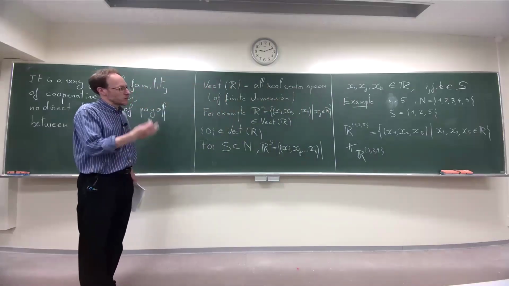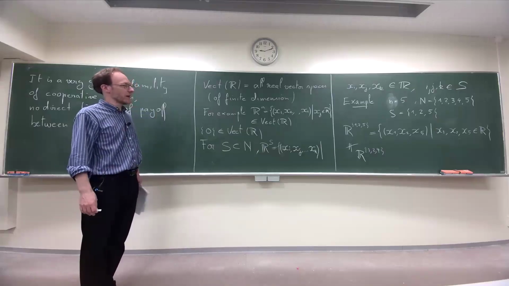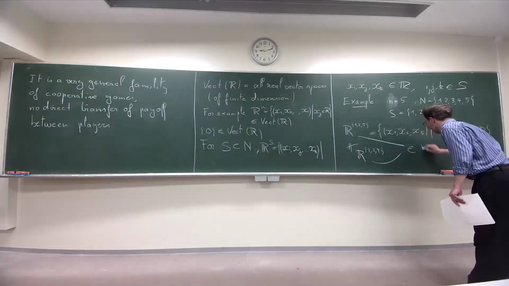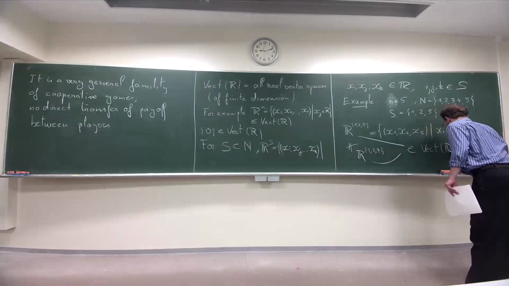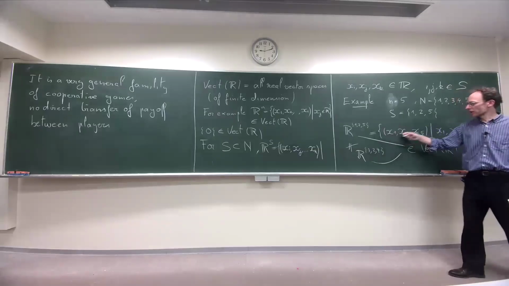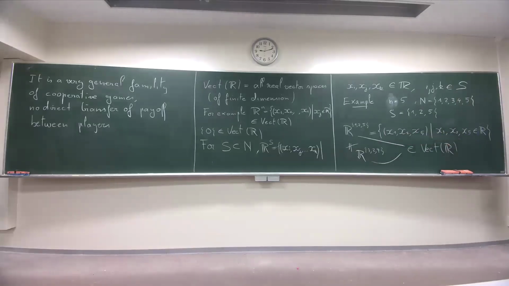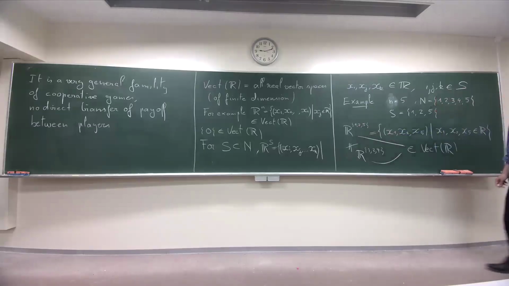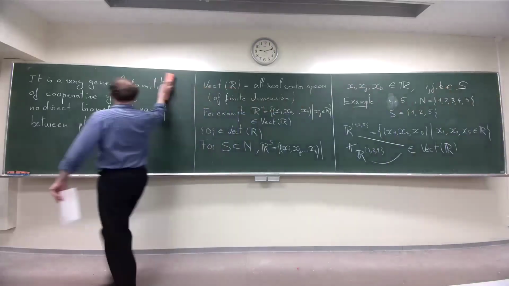Of course, both are 3-dimensional vector spaces, so both of them belong to my vector space of real vector spaces. But this one uses the coordinates 1, 2, 5, while the second one uses the coordinates 1, 2, 4. And it's important to take this into account. The coordinates are indexed by a subset S of N.